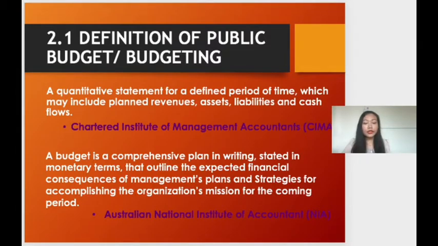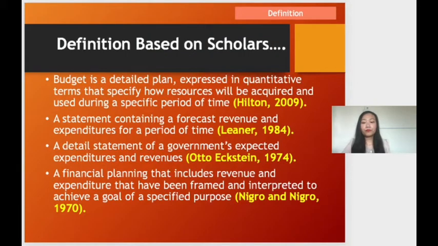Now let's take a look at the definition made by scholars. Okay, definition by Hilton, 2009. Budget is a detailed plan expressed in quantitative terms that specify how resources will be acquired and used during a specific period of time. A statement containing a forecast revenue and expenditures for a period of time. This is from Lerner, 1984.